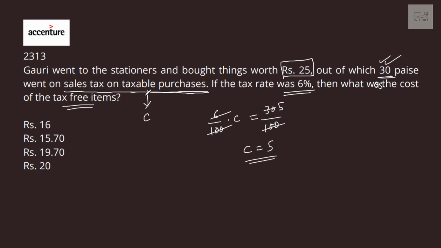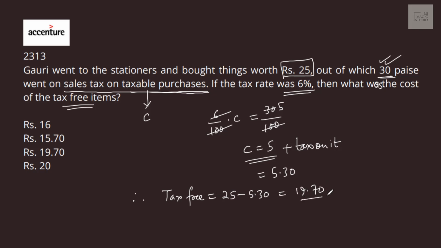That means the taxable purchases are of rupees 5 plus tax on it. Now, how much is the tax? The tax is 30 paise. That means the total cost of the taxable item is 5.30. Therefore, the cost of the tax-free item would be 25 minus 5.30, that is 19.70 rupees.